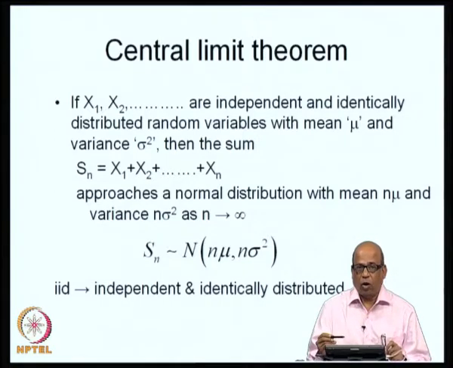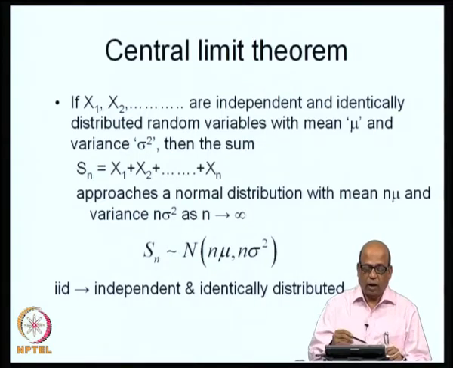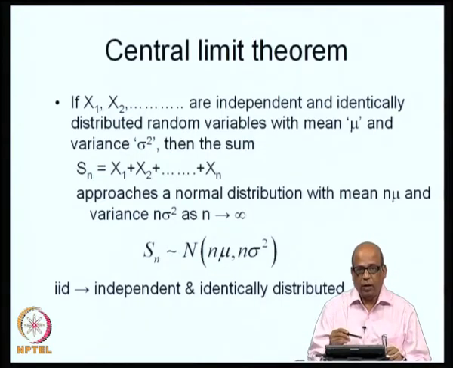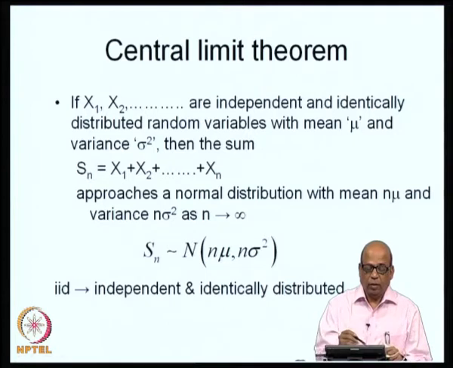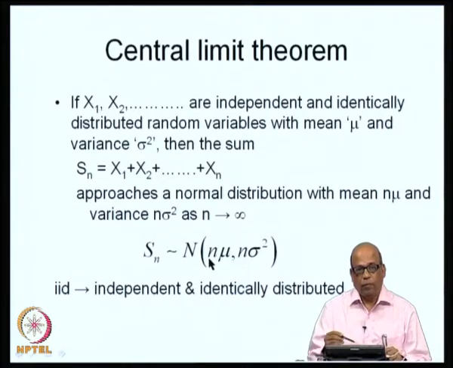So, they should all have the same mean and the same standard deviation. So, by IID we mean they are independent and identically distributed. As long as you satisfy these conditions, then the sum of the random variables x 1 plus x 2 plus etcetera x n follows normal distribution with mean given by n mu and the variance given by n sigma square.